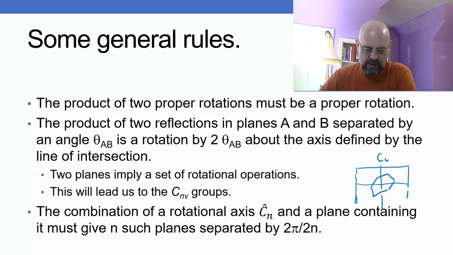So there must be n such planes, n being 6 in this case. You can see there's another one here, and bisecting here, and bisecting here. So the C6 axis is at the intersection of 6 different planes. That is, if there's one plane, then there must be other planes. All of this will become clearer as we start working with these.